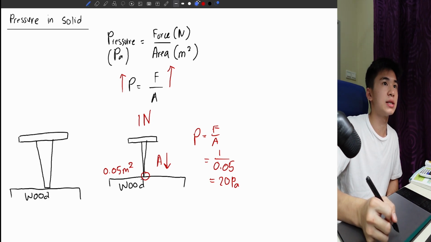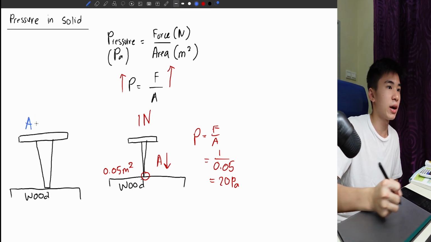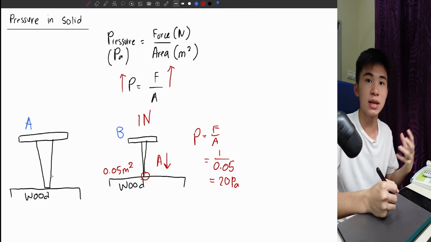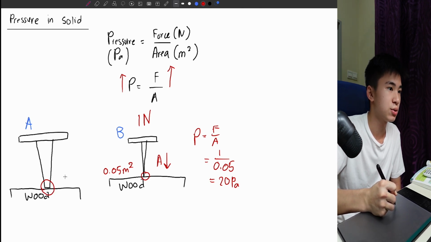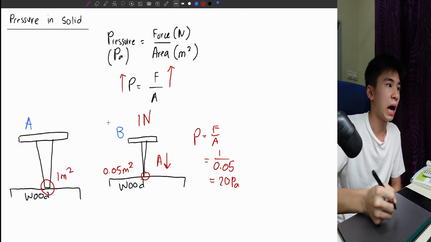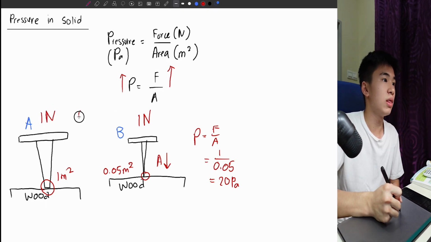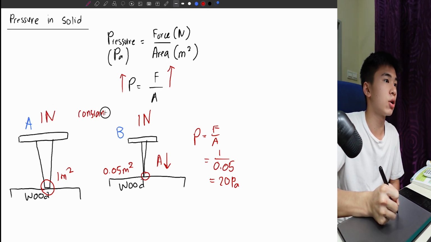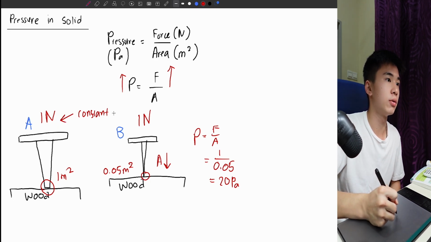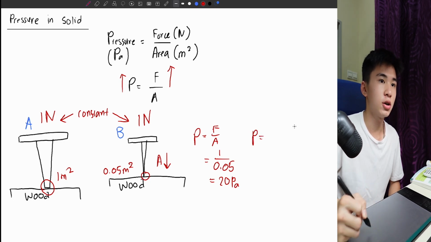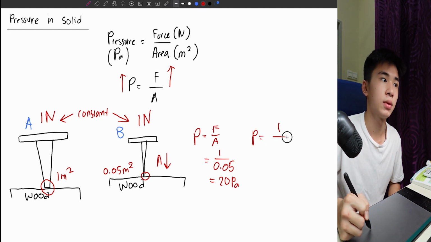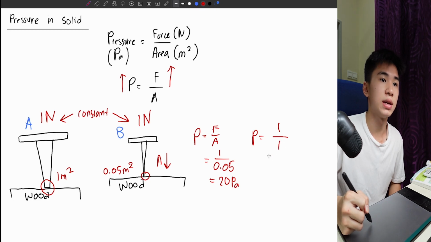I will just name this nail A or object A and object B. Obviously the surface area of the tip for object A is greater than object B. So I'm just going to put 1 meter squared, and we apply the same force. In this case, as you can see, the force is constant. I'm applying the same force on both objects. So pressure equals force, which is constant at 1, over the surface area, which is 1 as well. So 1 over 1 is 1 Pa.